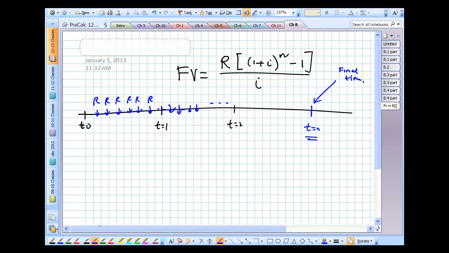So think about what's going on in terms of the interest you're gaining for each of these pieces of R. Remember, your interest that you're earning is 1 plus i for each of these periods. So looking at this first R, which I'm going to call R1, I'm earning interest here, and then here, and here, and here, and here.